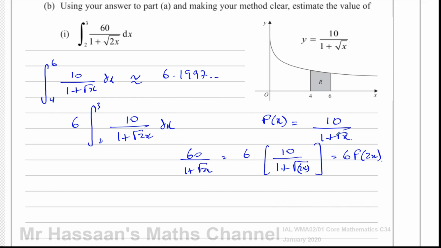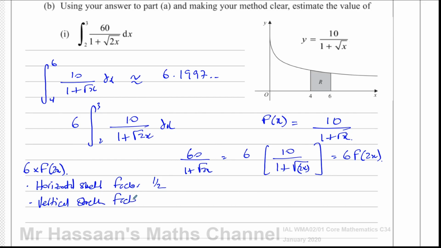So if f of x is 10 over 1 plus root x, this is like 6 times the whole function, and then you replace the x with 2x. And 6 times f of 2x, two things have happened here. We have a horizontal stretch of factor a half, reciprocal of this, and we have a vertical stretch of factor 6.